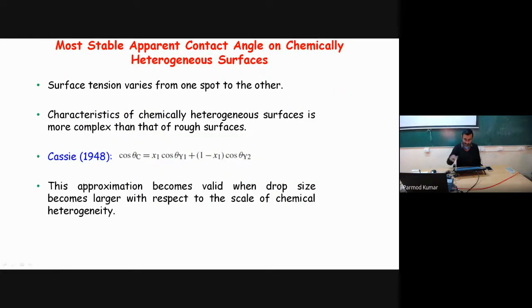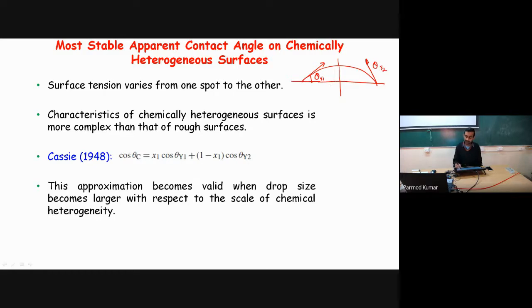Okay, similarly we may have different heterogeneity of the surface. Heterogeneity means we may have a surface in such a fashion that if some droplet is resting on it, part of the surface has some contact angle characteristics and part of the surface has another contact angle characteristic.